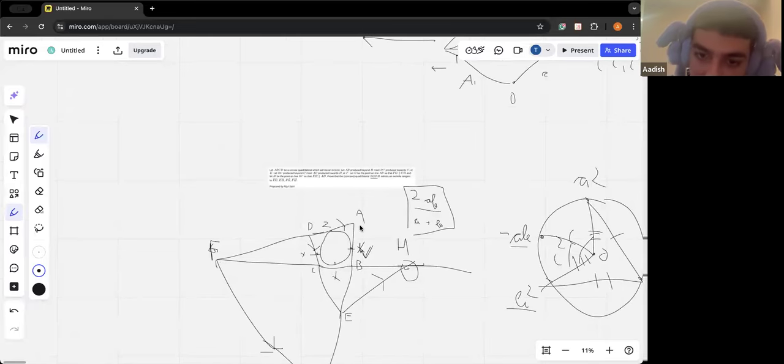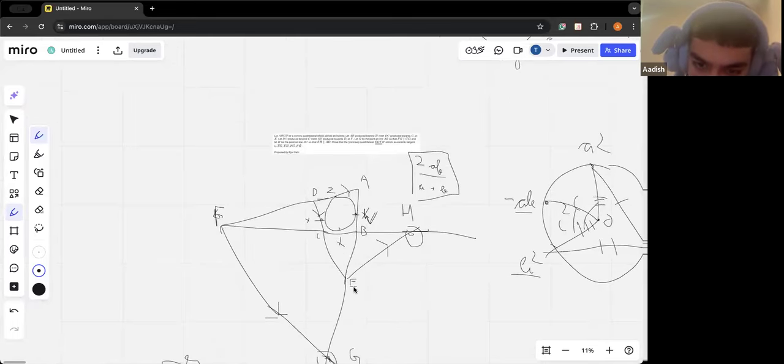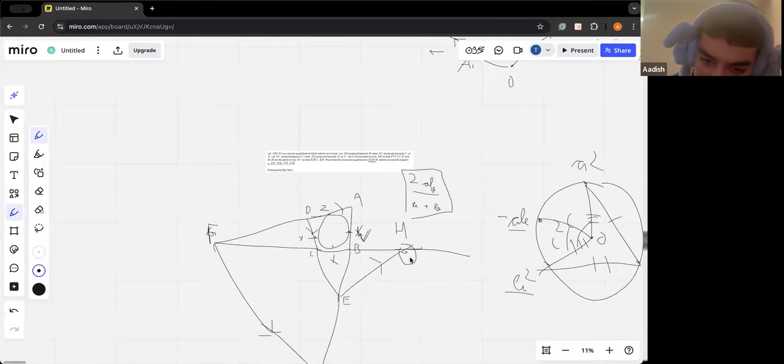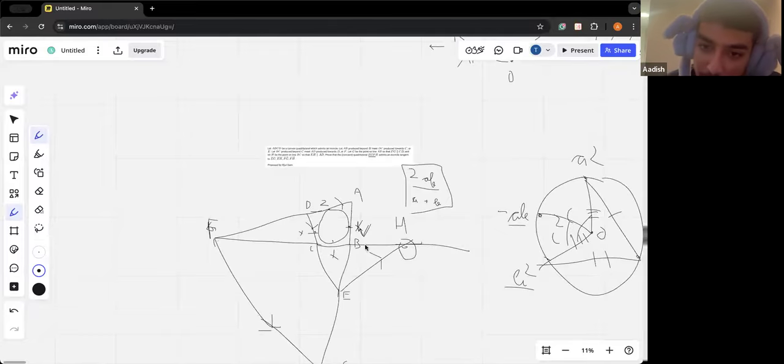EH is parallel to AD. GE is parallel to AB. And what is left? FH is parallel to BC. The sides of this quadrilateral are parallel to the sides of the original quadrilateral.